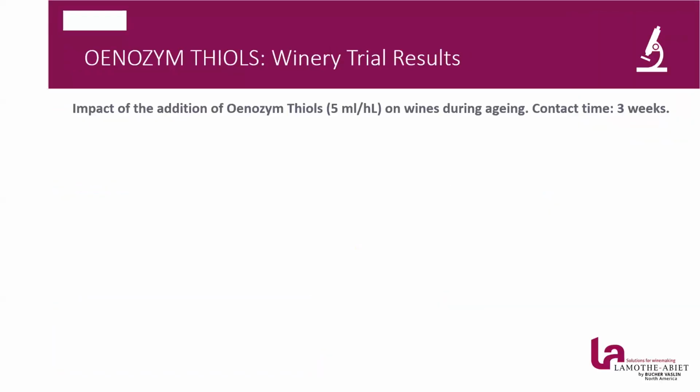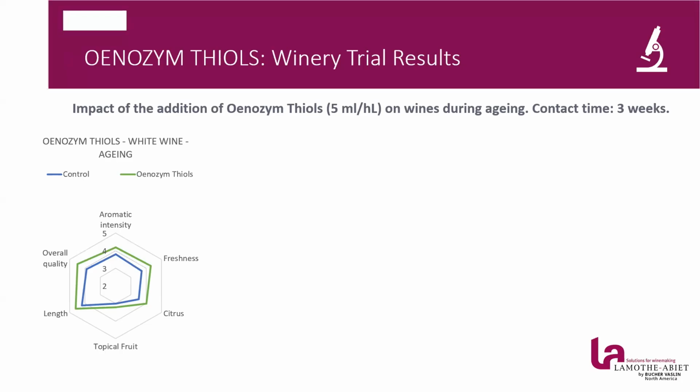So here are other trials. Those 3 trials were analyses from the stainless steel tank. We added 5 milliliters per hectoliter. We waited 3 weeks, and then we tasted the wines.